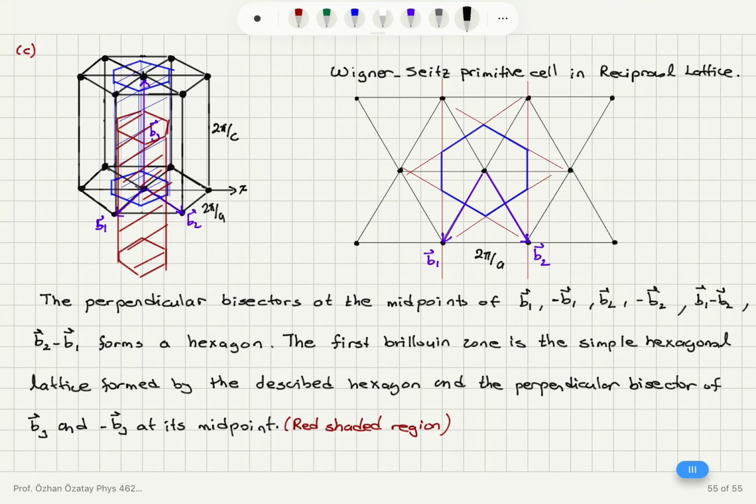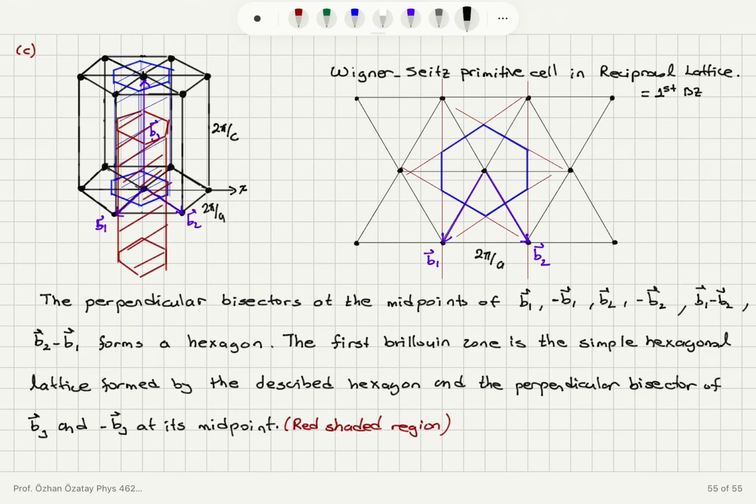Okay, so to summarize, our task is to find the Wigner-Seitz primitive cell in reciprocal lattice, that is the first Brillouin zone. So this is by definition the first Brillouin zone. In order to do that, we take one lattice point connected to its neighbors, and on the same plane we have these 6 lattice points that are surrounding it.